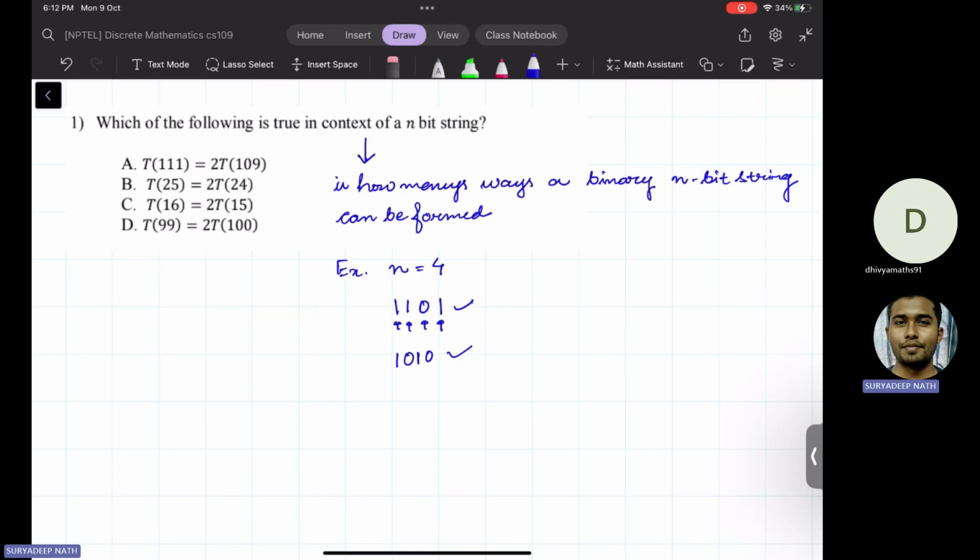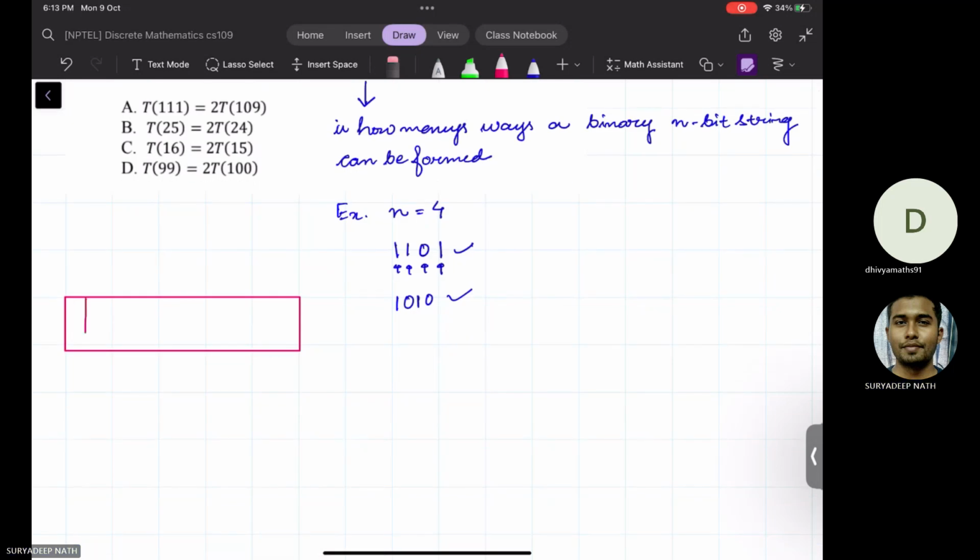How to do it is basically we consider an n-bit string. Let me divide it. This is an n-bit string.